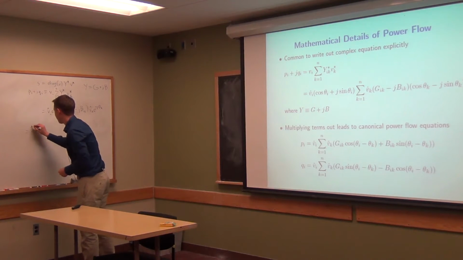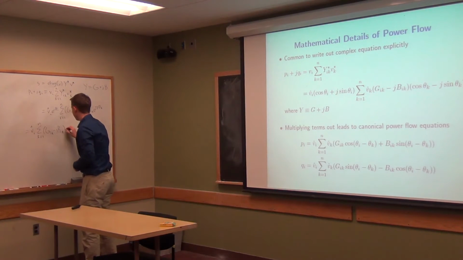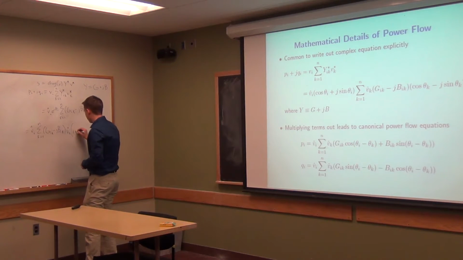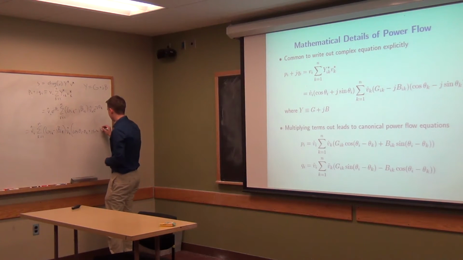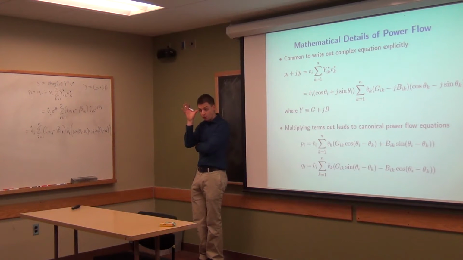So it equals v hat i times the sum from k equals 1 to n of (g_ik minus j b_ik) times v hat k times (the cosine of theta i minus theta k plus j times the sine of theta i minus theta k). Put the parentheses around these things too. Okay, so now let's multiply this out and look at only the real portions.